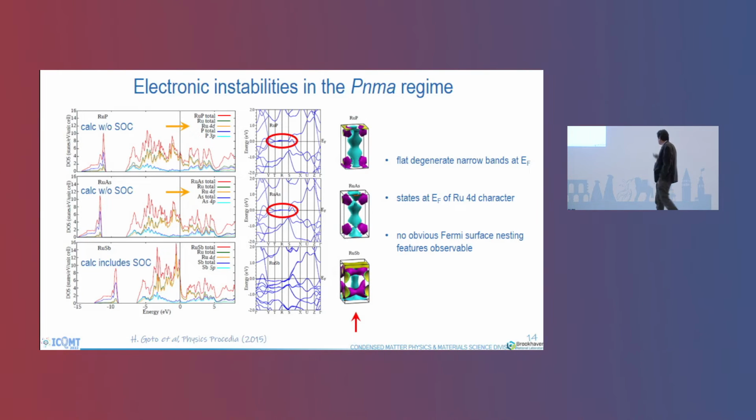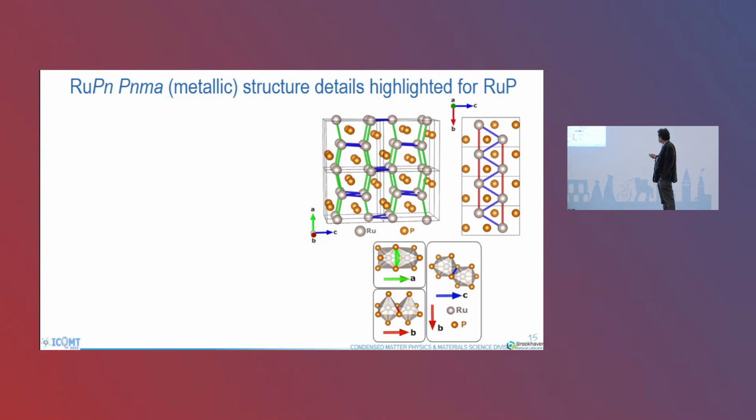And also, there are no obvious Fermi surface nesting features that are observable, again suggesting that the underlying ground state is not a conventional CDW.